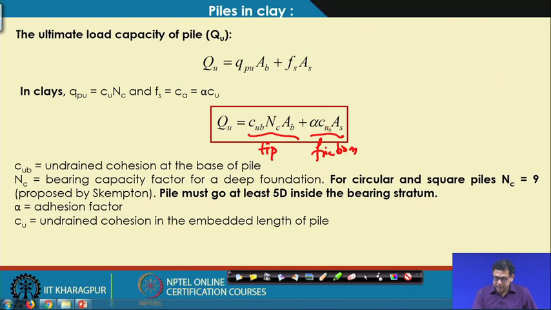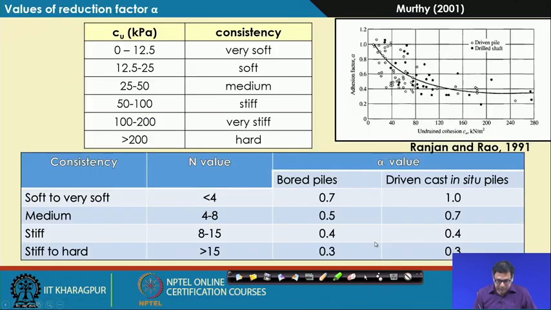Okay. So, in the friction, alpha is the adhesion factor. Generally this Nc value is taken as 9, Cu is the undrained cohesion, Ab is the area of the base and alpha is the adhesion factor, C is the cohesion, A is the surface area of the pile. Now, how will I calculate the adhesion factor?